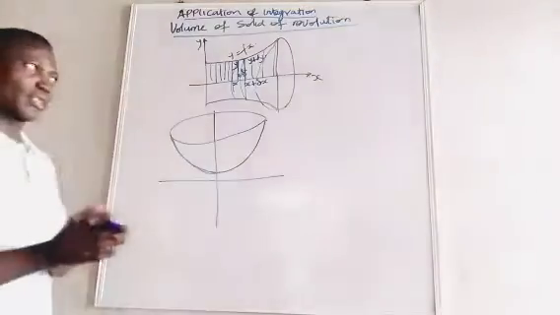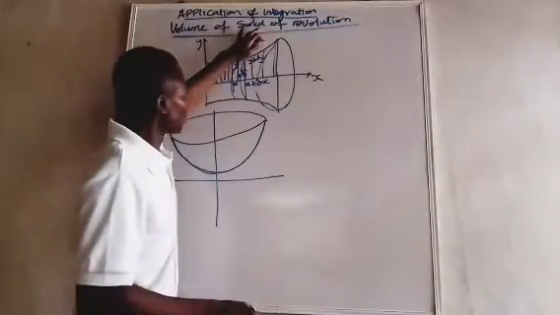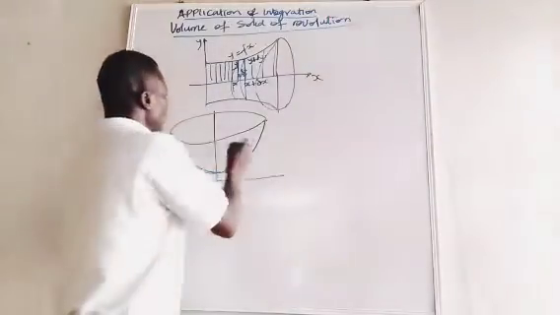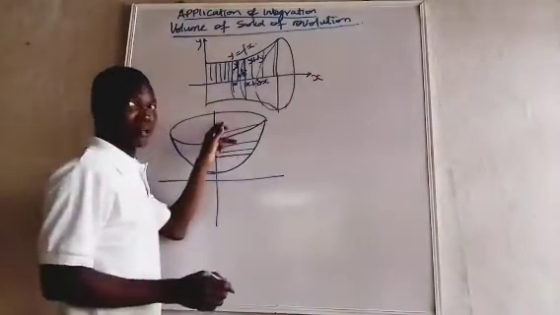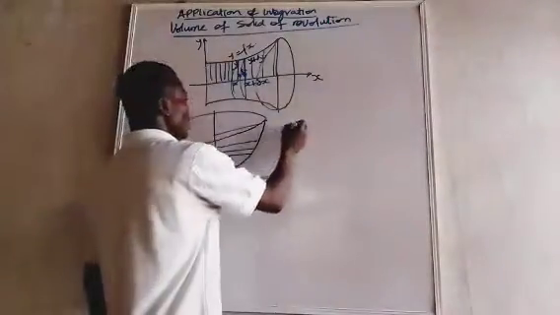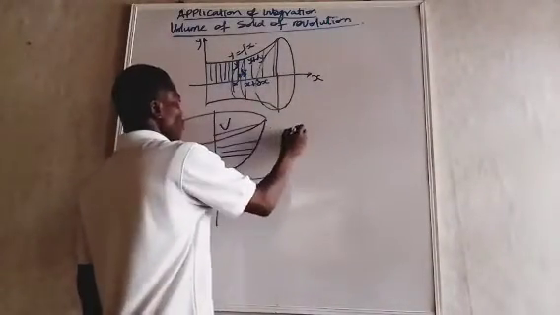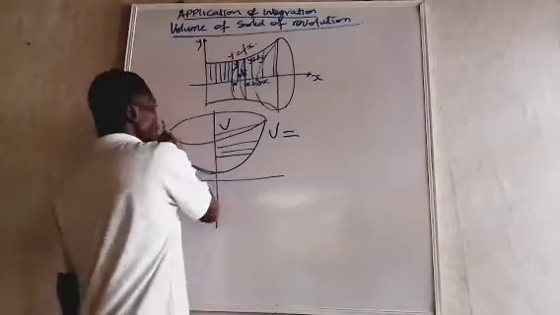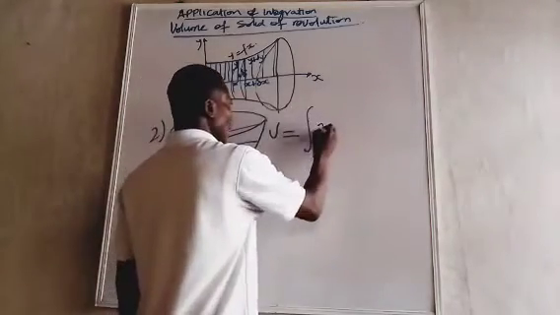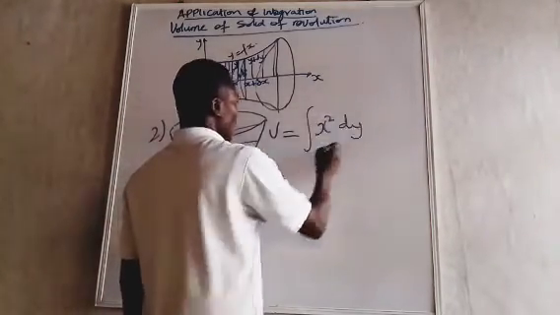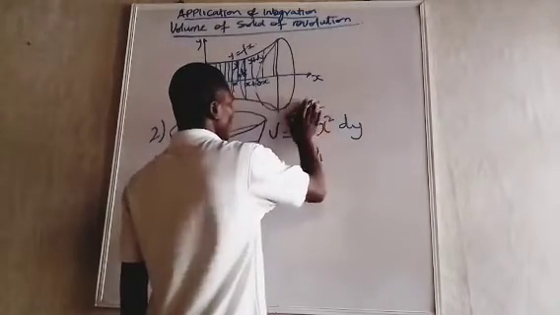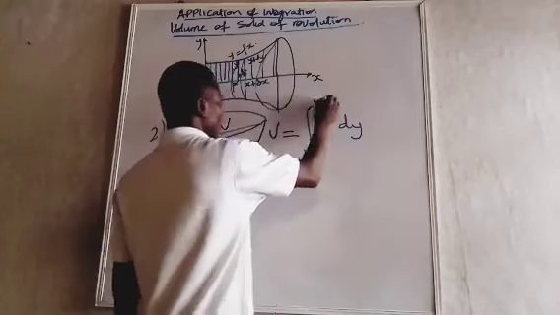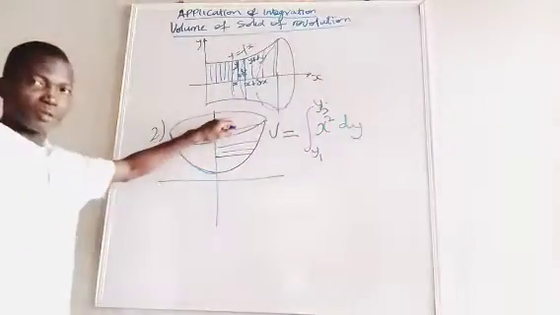There is a way they will ask you the question. It will be this one around this side. This is the second way. The volume in this instance will be the integral of pi x squared dy, from y1 to y2. Please take note. This is the second form.